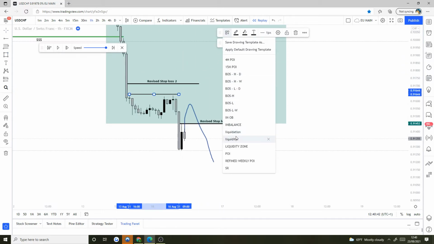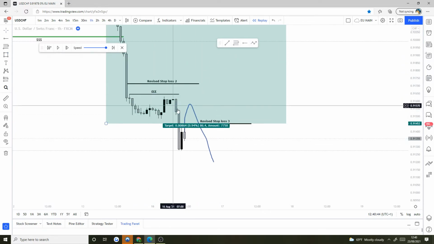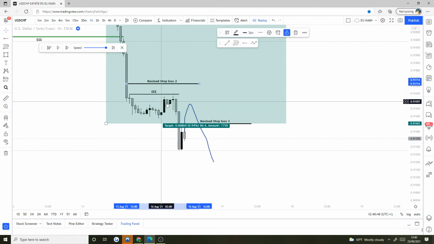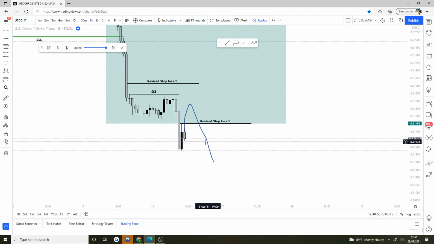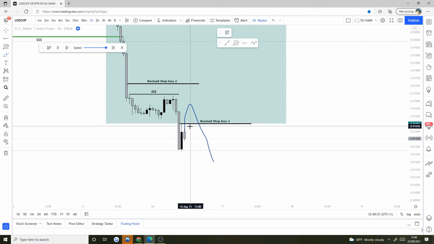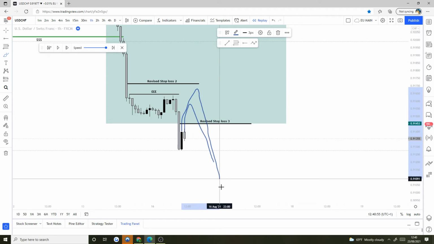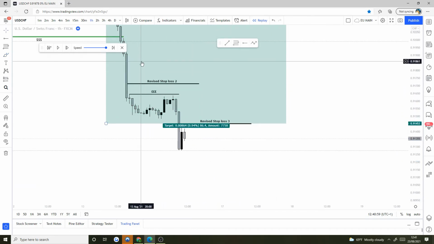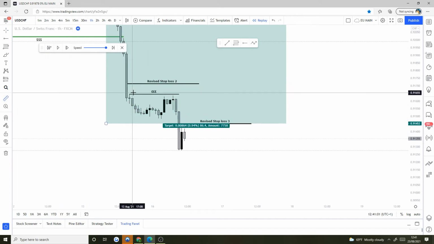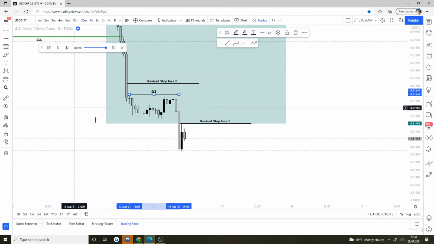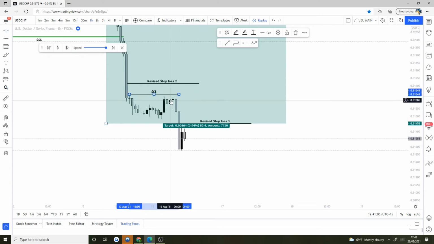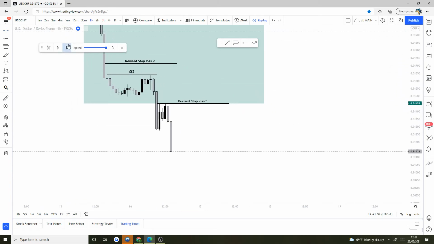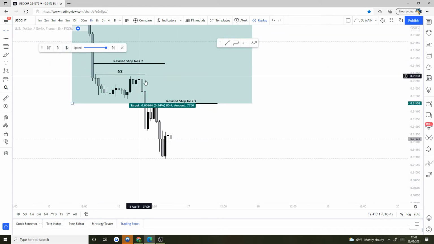So I didn't really feel comfortable putting my revised stop loss just where the liquidity was, because I also considered that potentially the price could just pop up to the liquidity and then continue down. So for me, that's why I put the revised stop loss just a few pips above the liquidity, just to make sure that if it did just take the liquidity out, I wouldn't get stopped out with that. So in terms of that, I now had my revised stop loss too.